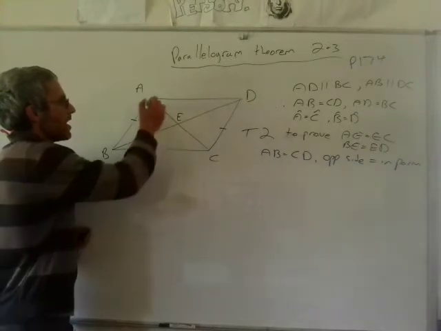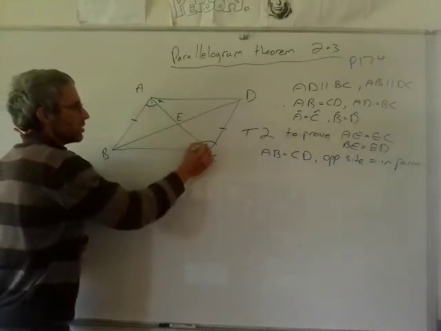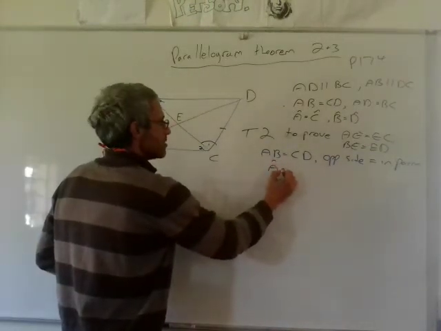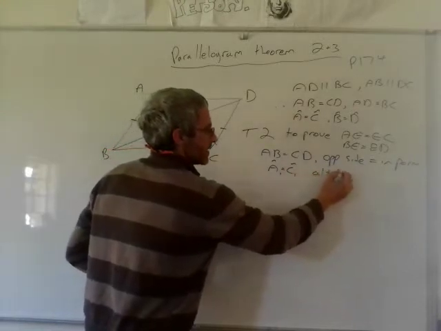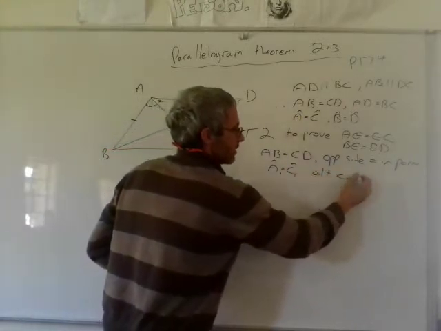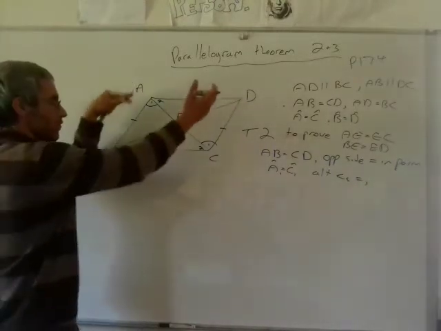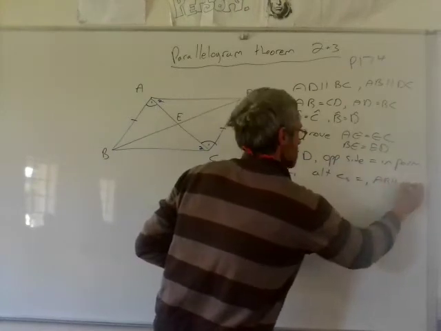Now, another angle that's equal, we'll call this 1, this one 2, this one 1, this one 2. So A1 equals C1, alternating angles equal. And we need to mention also which pair of sides are parallel here: AB parallel to CD.